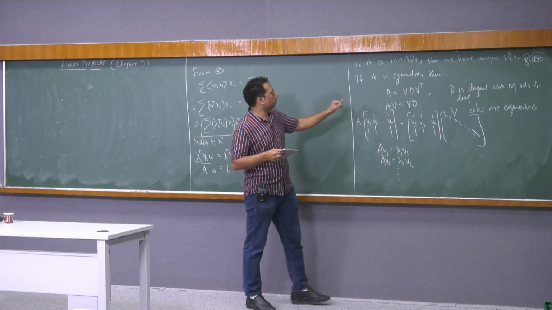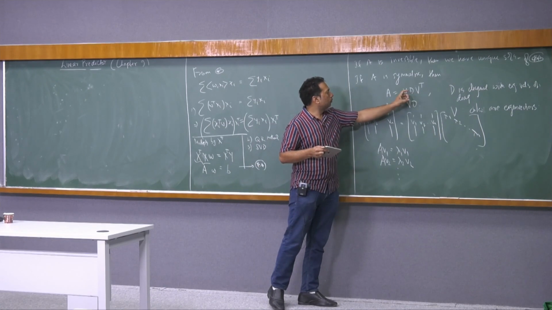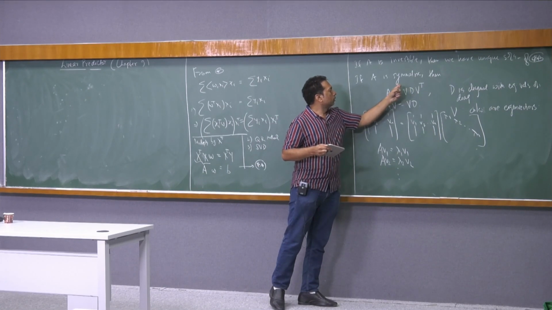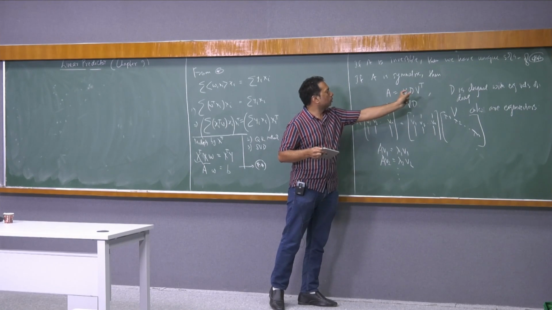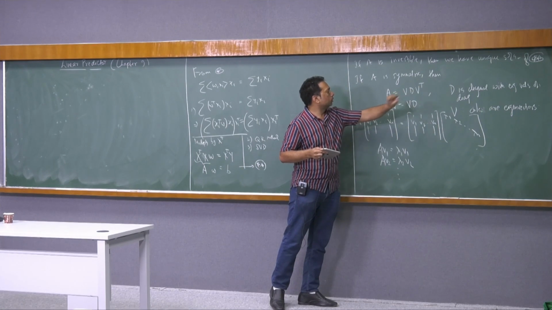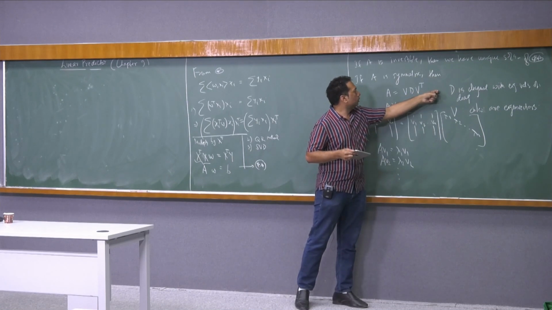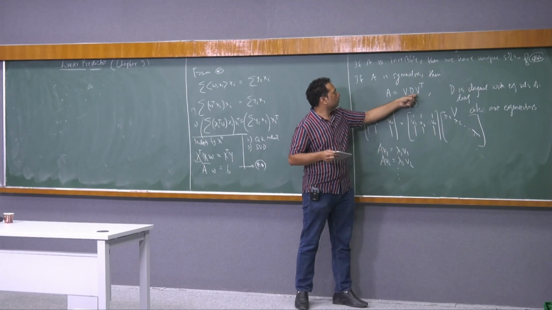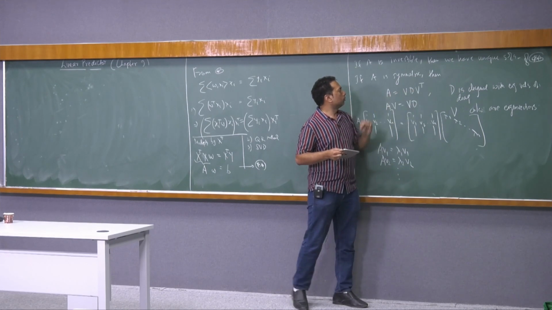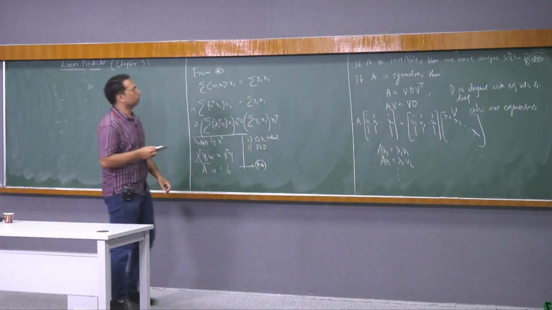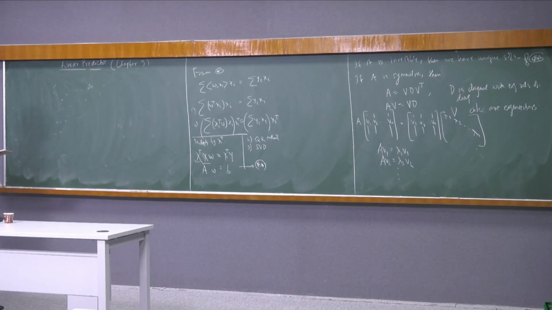So the inverse of this will be V D inverse V transpose. V transpose gets away, D inverse cancels, and V transpose becomes identity.